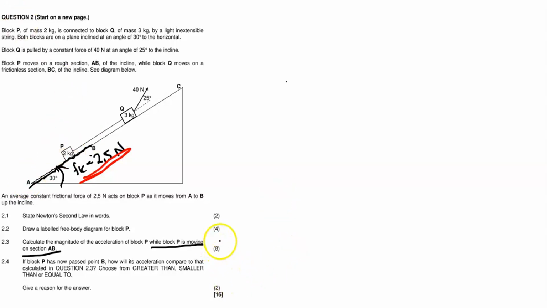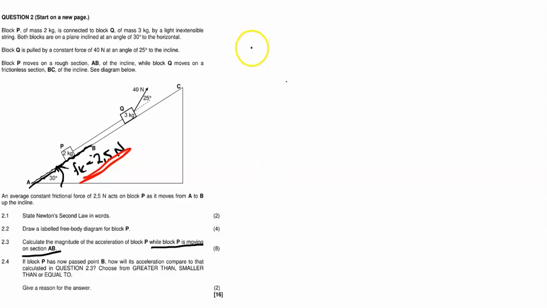Now you can see the number of marks there is 8. So that actually says to you, you have to use simultaneous equations. Even though there is another simple way of doing it where you are treating these two objects as one, and you just include the Fk and one of those forces, which is the force applied up the slope. So I think I'll just be doing the one that is longer so that you get used to it.